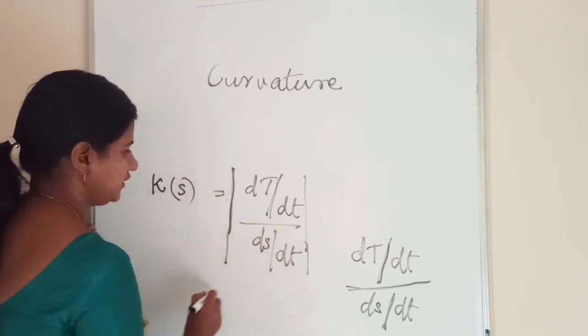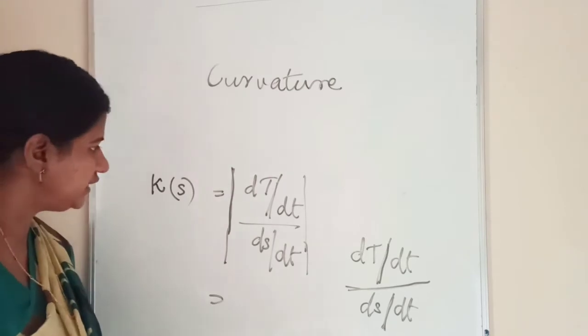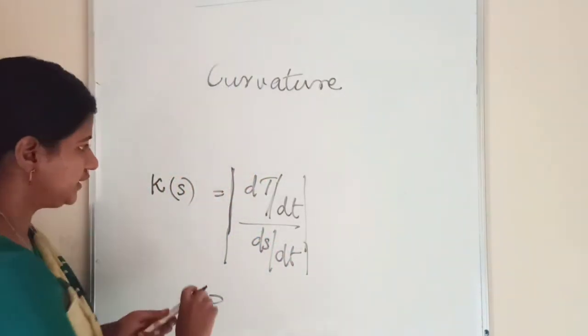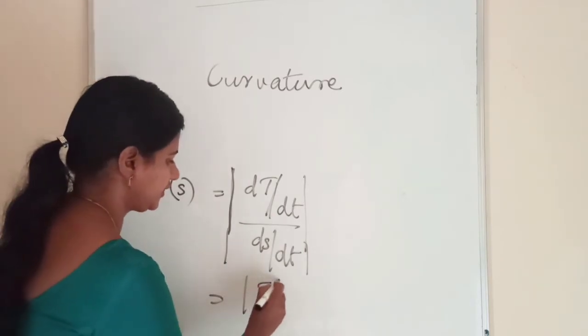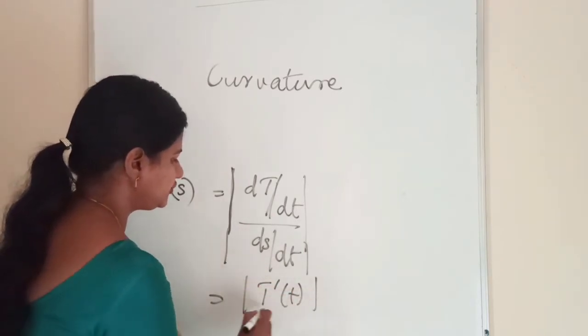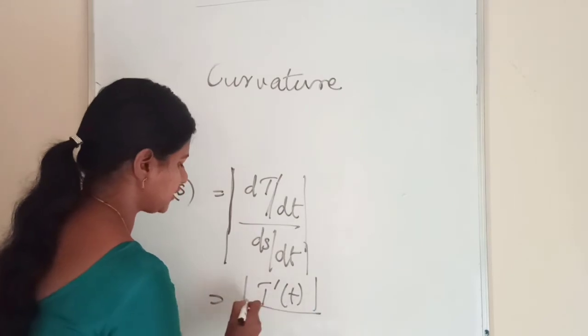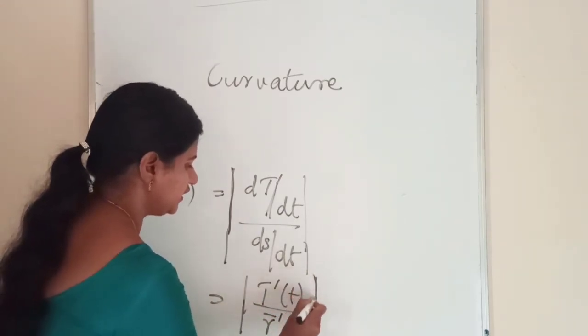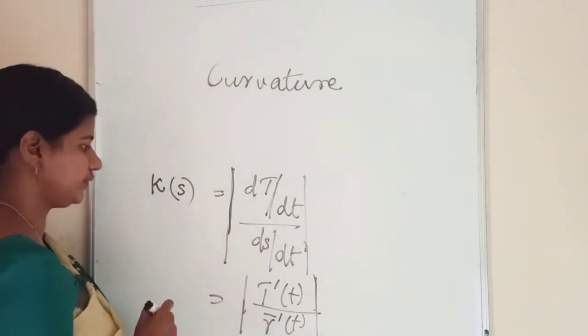And this quantity dT by dt we can express as T dash of t, and this quantity dS by dt is actually, we know, the modulus of r bar dash of t, because it is the arc length parameterization.